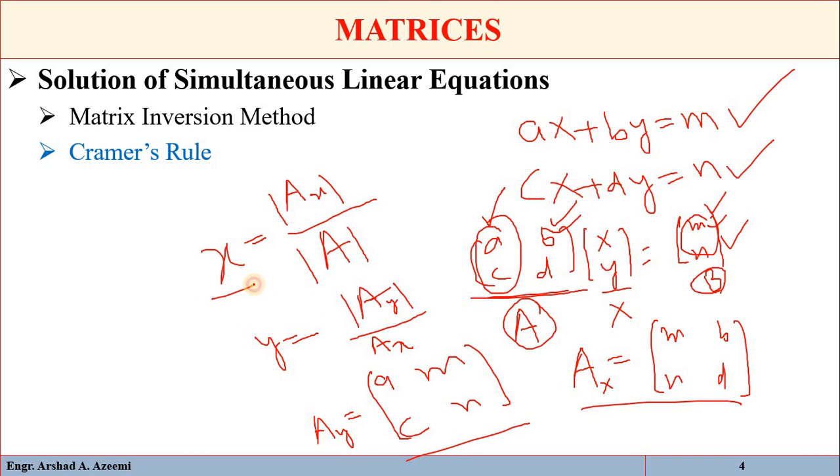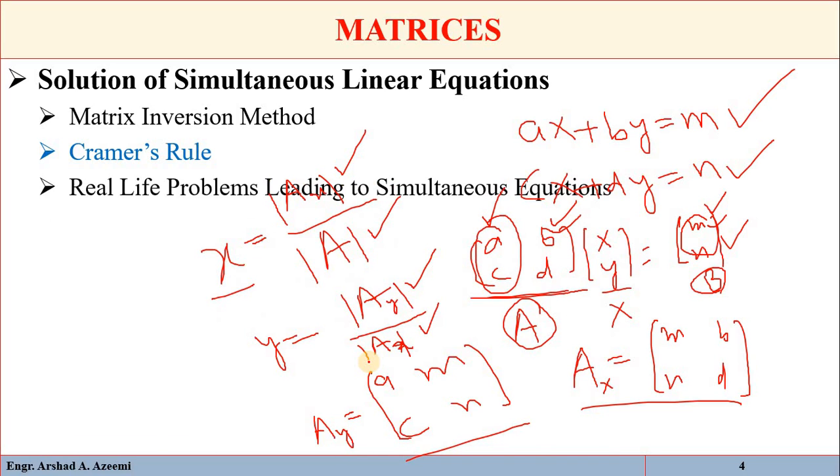Then x is equal to the determinant of AX divided by the determinant of A, and y is equal to the determinant of AY divided by the determinant of matrix A. So these two methods will be used for the solution of simultaneous linear equations.